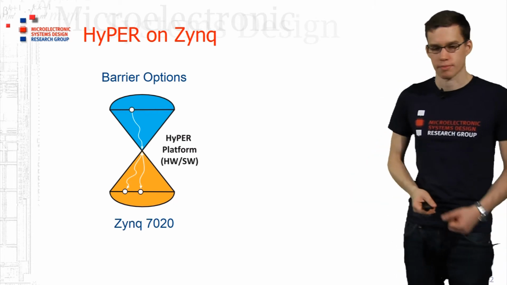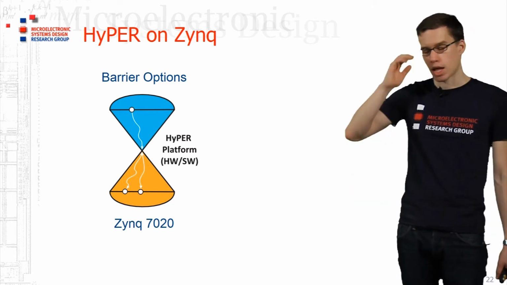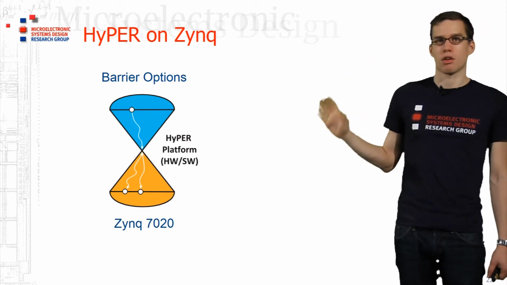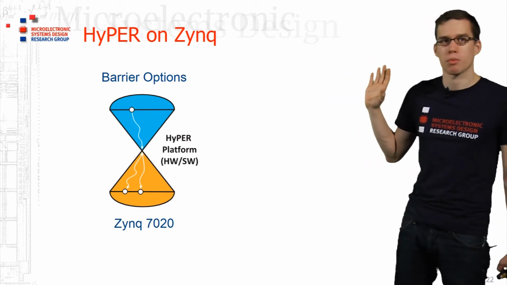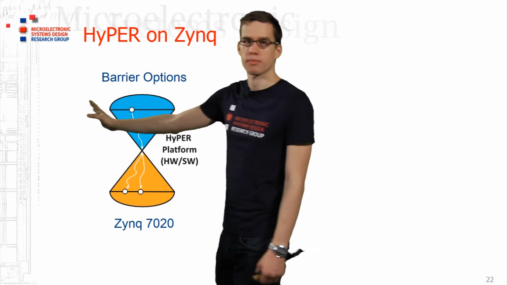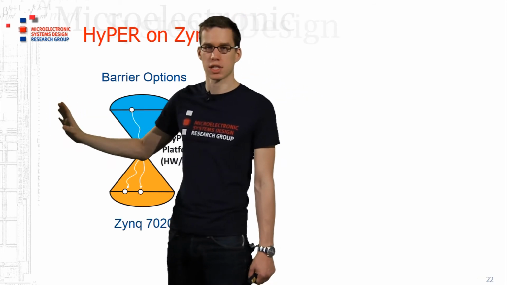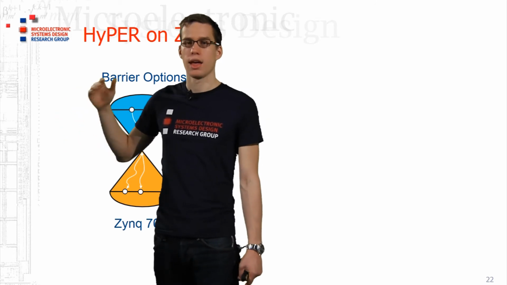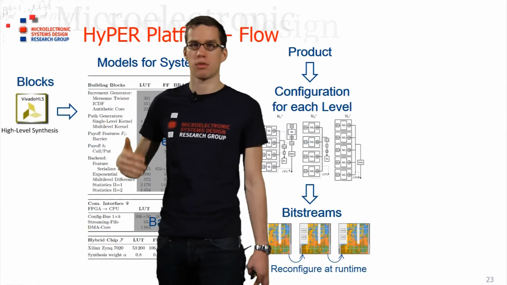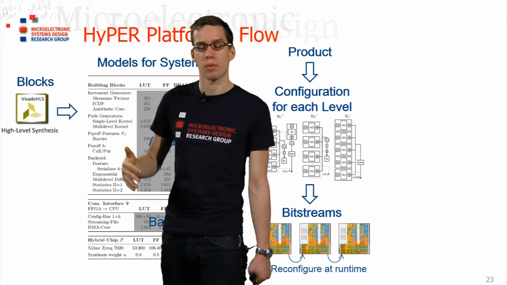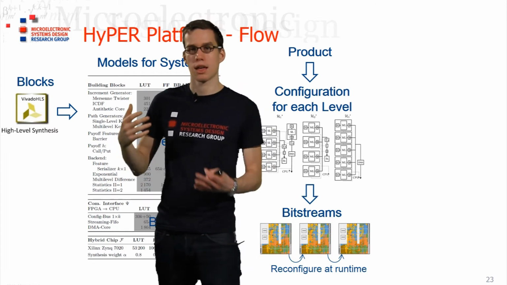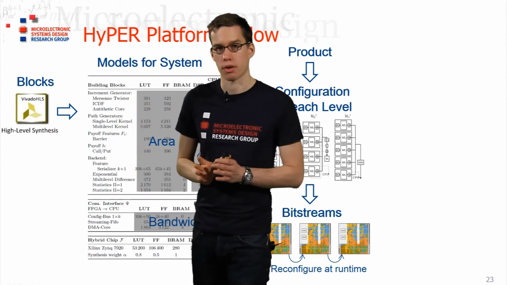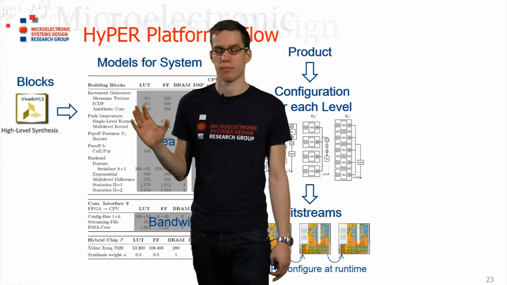So what do we need? What have we done? It all starts with the blocks. We have our modular pricing system. We have programmed it in HLS. Each block, I've showed you the path generator, the increment generator, the random number generator, we have modeled it in an HLS core with AXI interfaces.